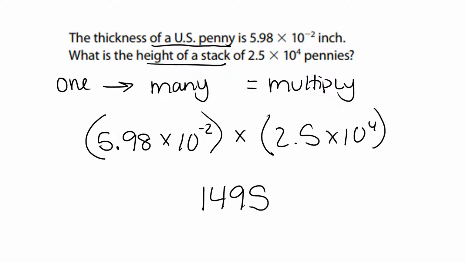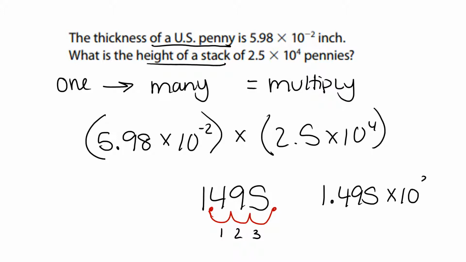This answer is not in scientific notation. The decimal point is here at the very end behind the 5. We want it to be behind the first number 1. And so we have to move it 1, 2, 3 times. When we write the final answer, we write it as 1.495 times 10 to the third power.